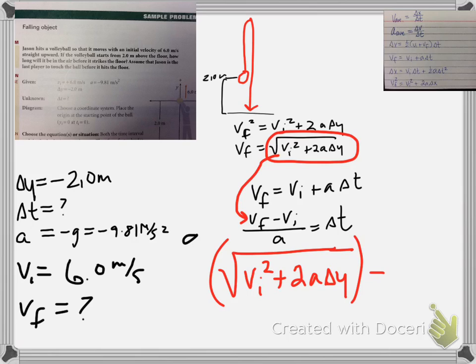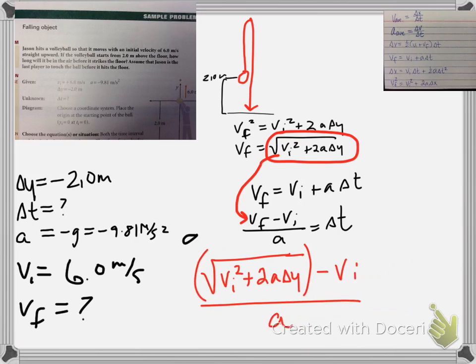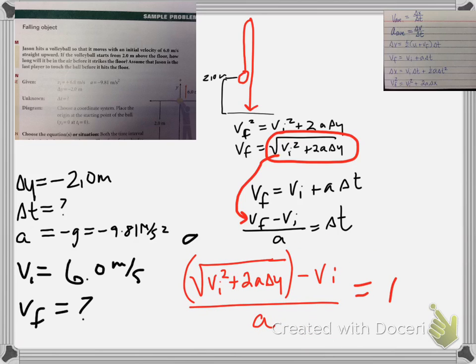And I'm going to put that in parentheses because it helps to separate it out. Minus VI all over acceleration equals delta t. And this is where a student came to me and said, "Do you realize that that's almost exactly the quadratic?" No, I didn't realize that, but thanks.